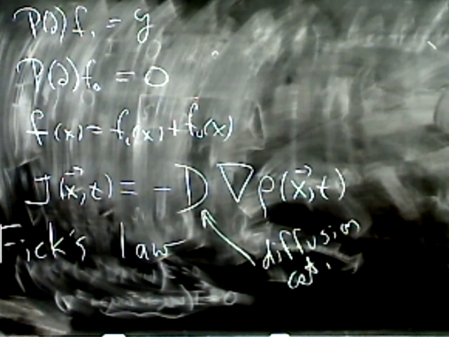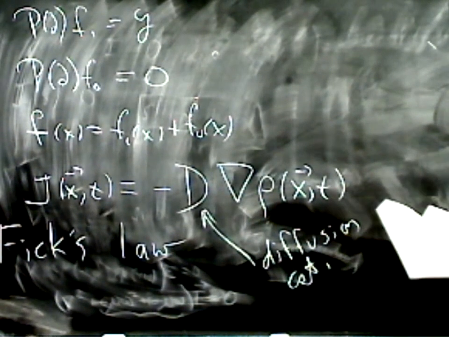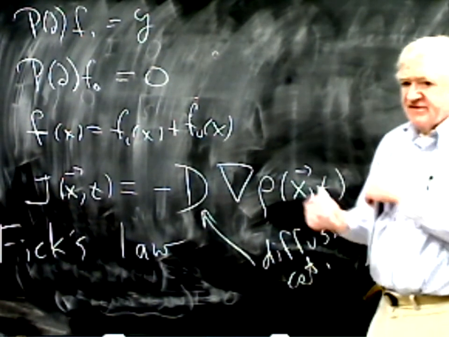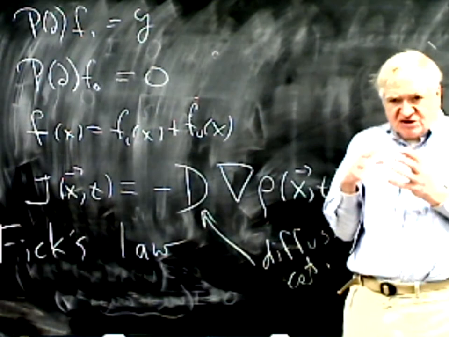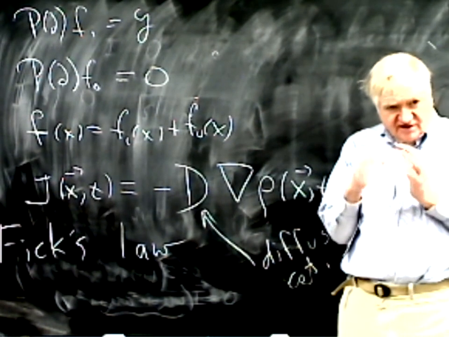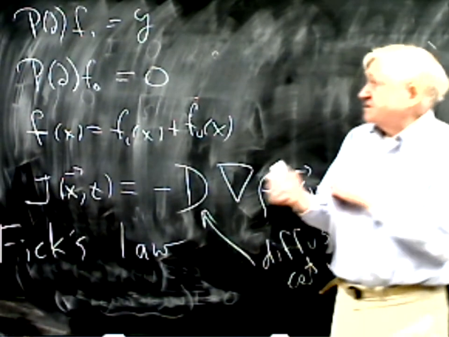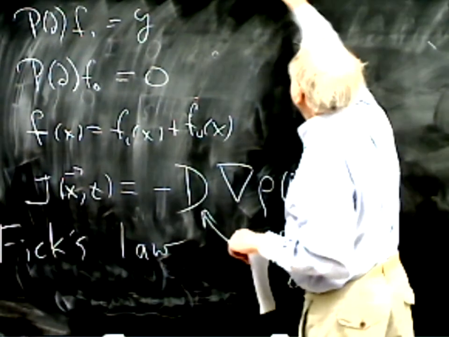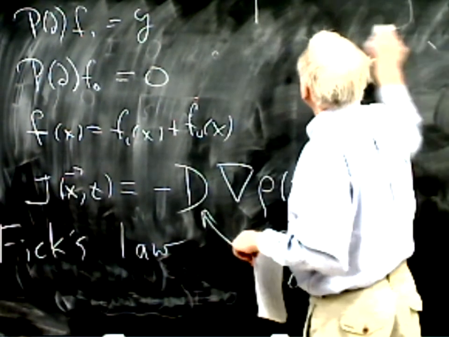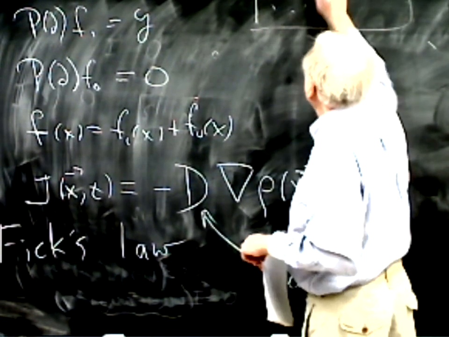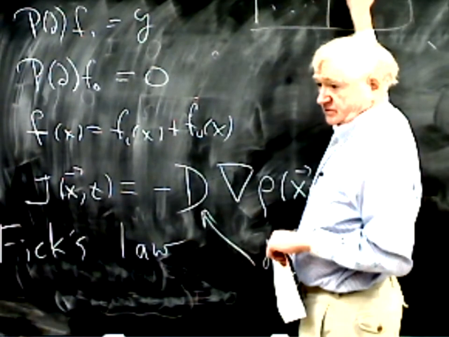So in other words, what does this mean? This means that if you have in a fluid a region of very high density of these particles, well, let's make it really simple. Suppose you have a region here where you have a very high density over here and none of them over here.